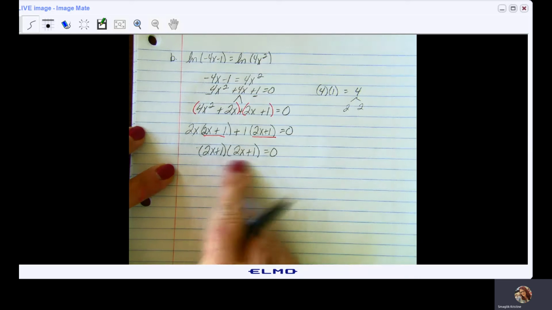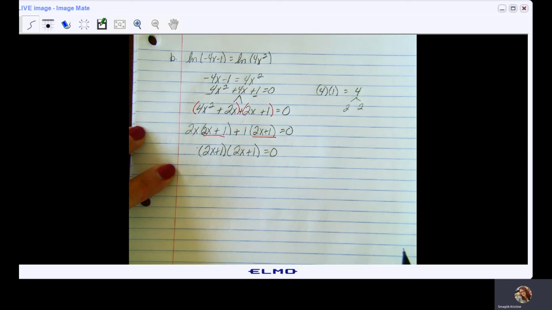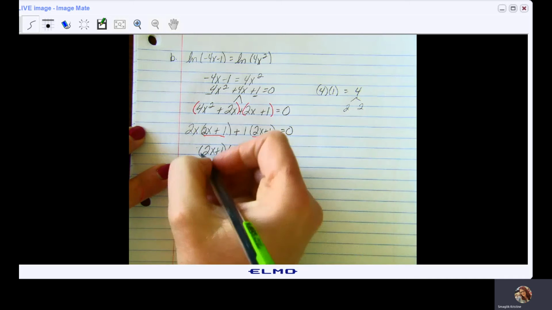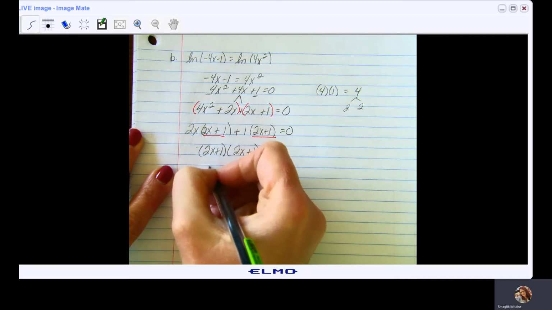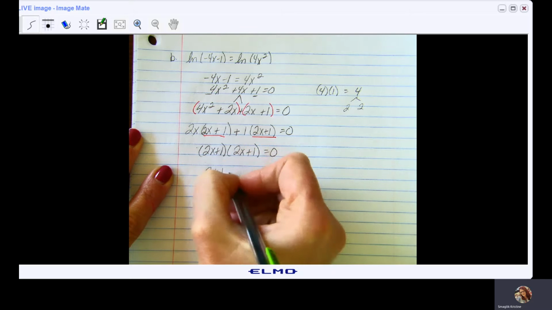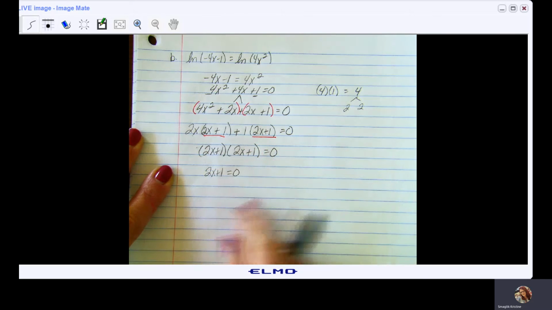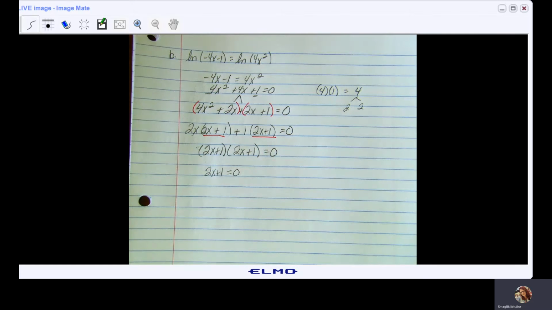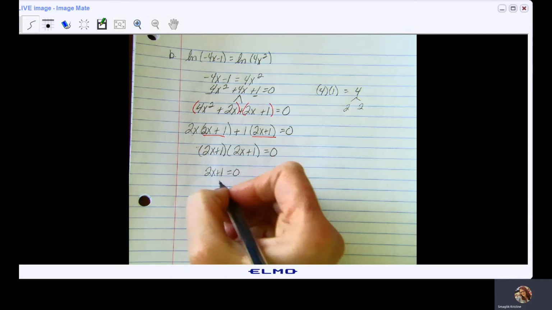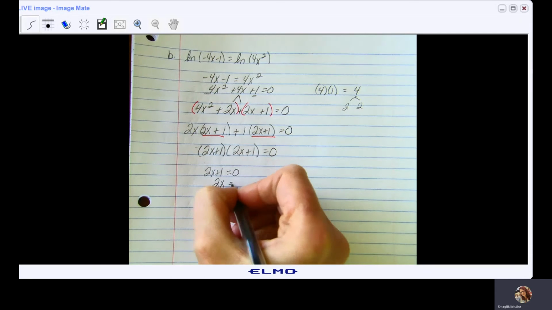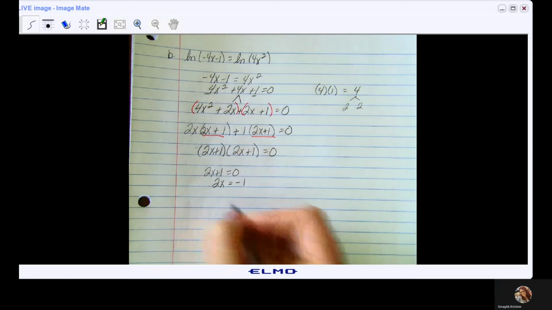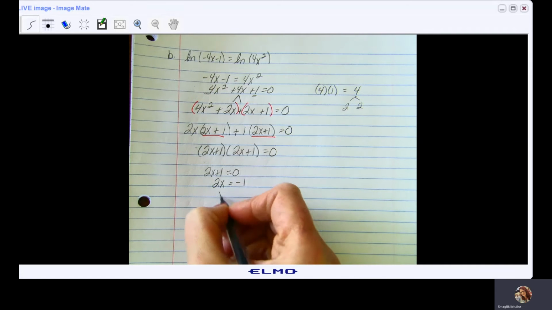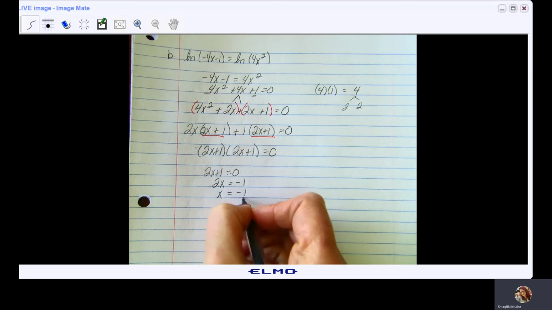Okay, so now, this is 2x times the quantity 2x plus 1 squared. So all I've got to do is the zero product property. 2x plus 1 equals 0. I don't have to do it twice. Let's subtract the 1 from both sides. 2x equals negative 1. Now divide out the 2. X equals negative 1/2.